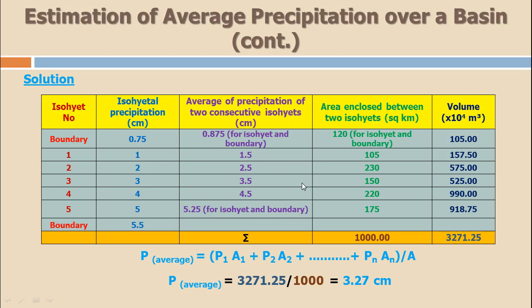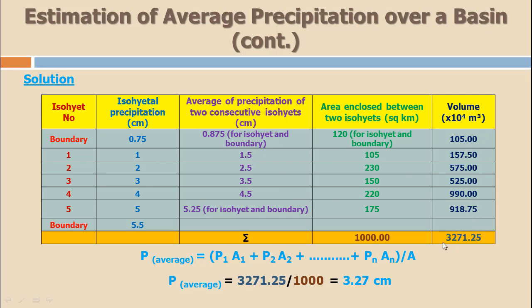If precipitation is in centimeter and the area is in square kilometer, you just multiply this value with the square kilometer value. 1.5 multiplied by 105, you will get 157.5, and just write down 10 raised to the power 4 cubic meter directly. So multiply this column and this column, you will get the last column.